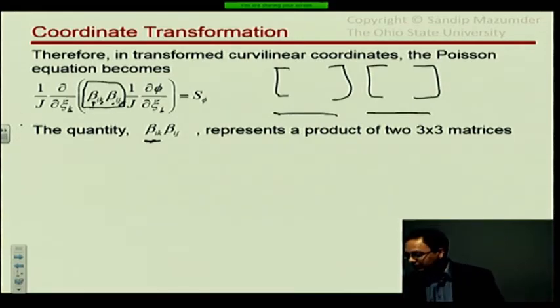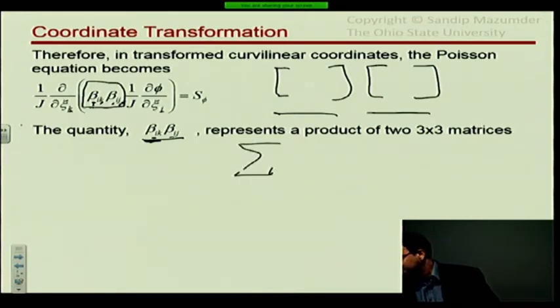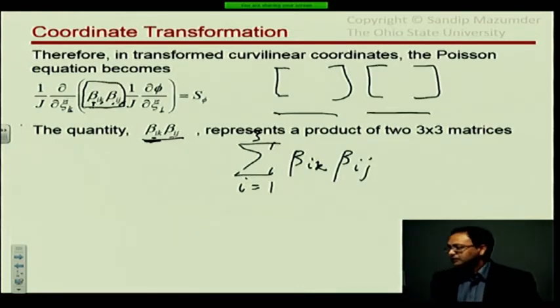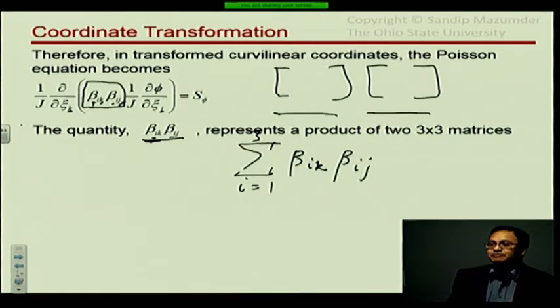This is a repeated index in i, so we basically have a summation over i. If I really expanded it out and performed that summation, what indices will be left over?